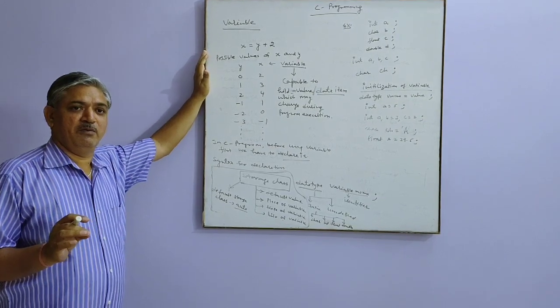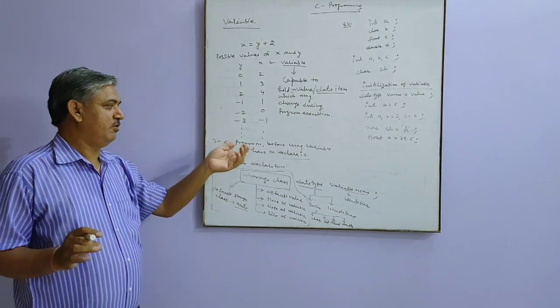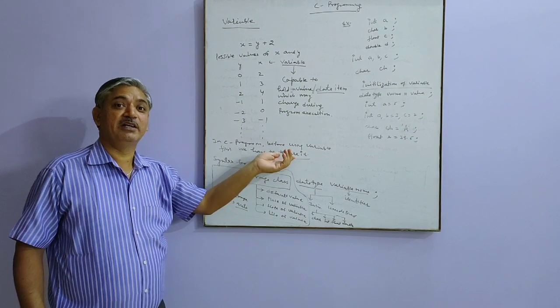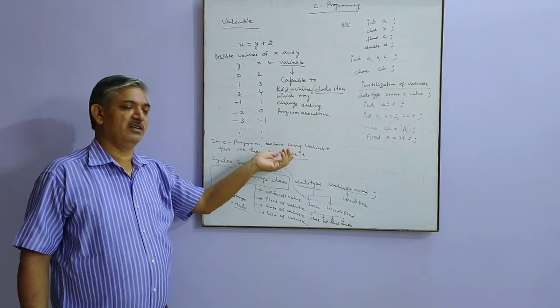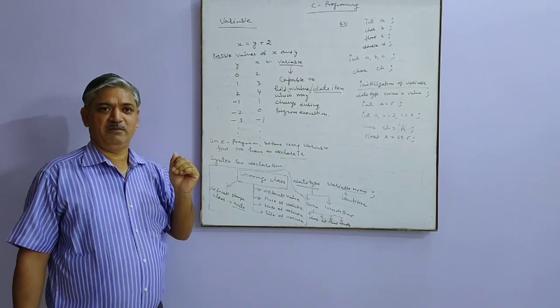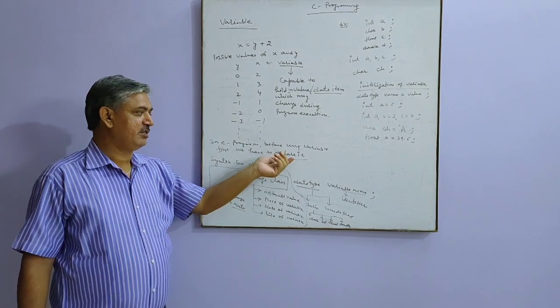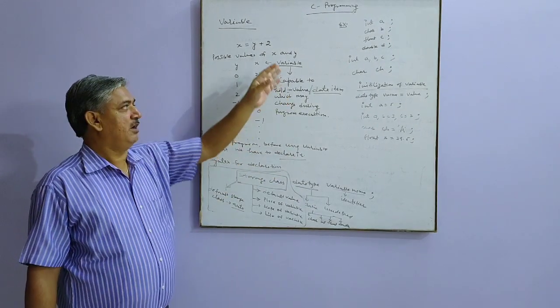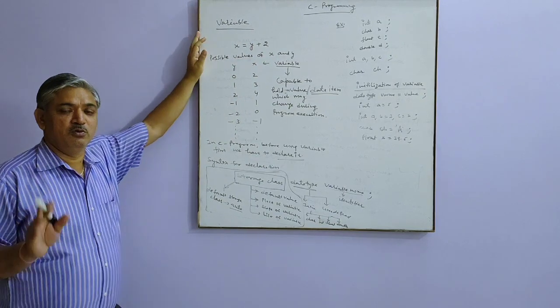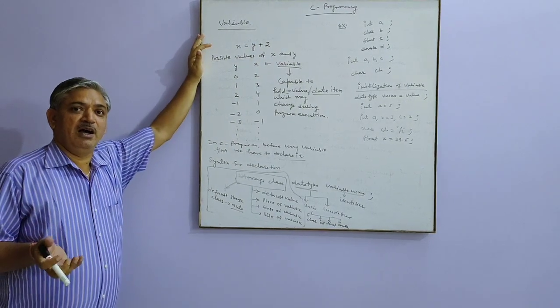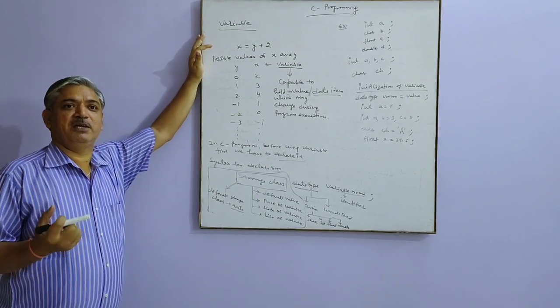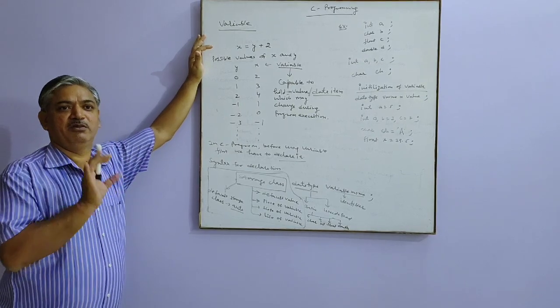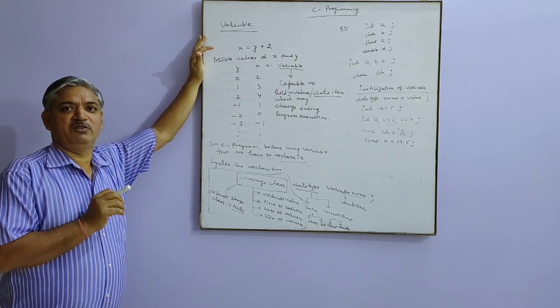Now the question is, what is the need of declaration? Why do we declare the variables in C? Declarative statements are used to specify how much space is required to store the value of the variable.